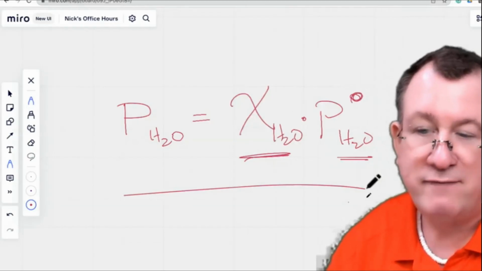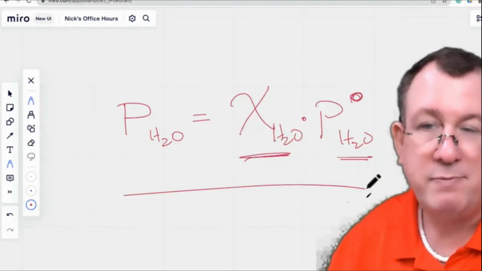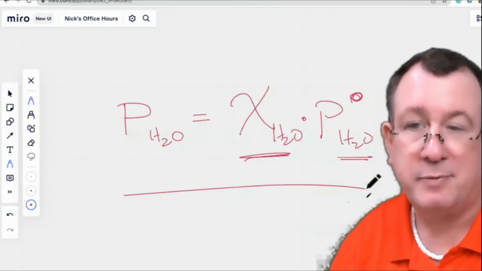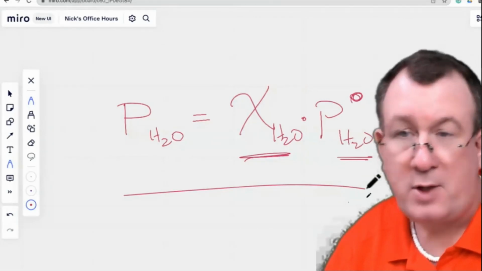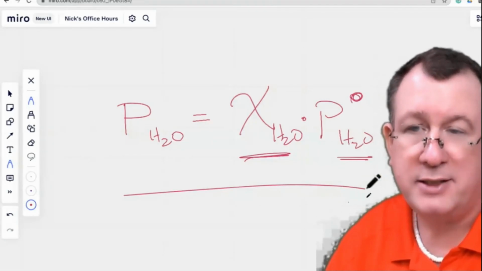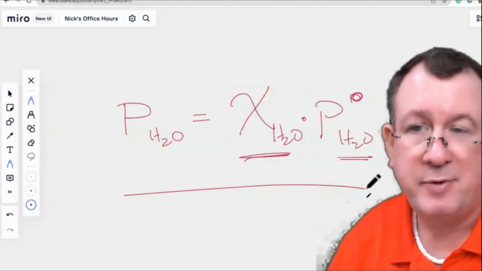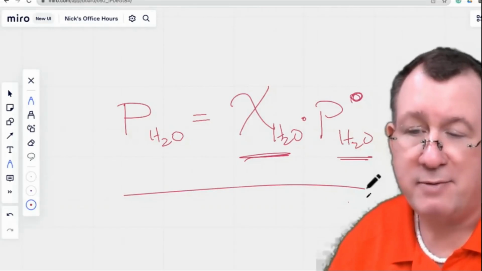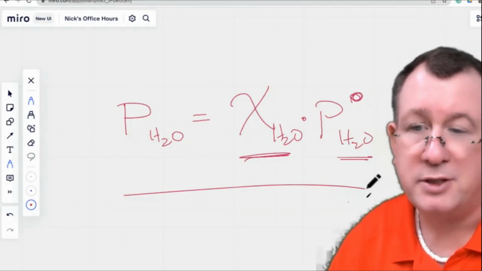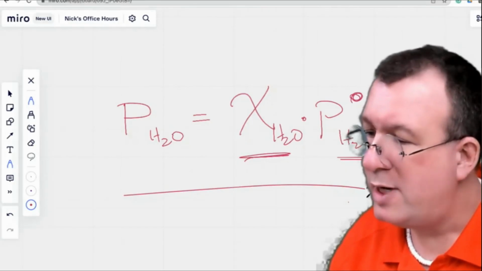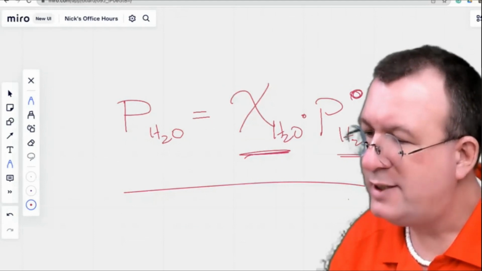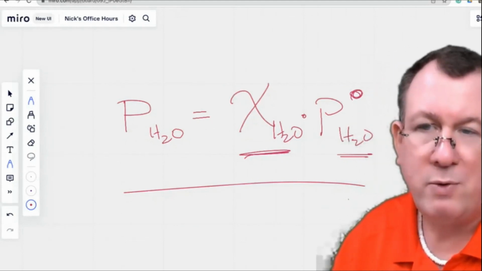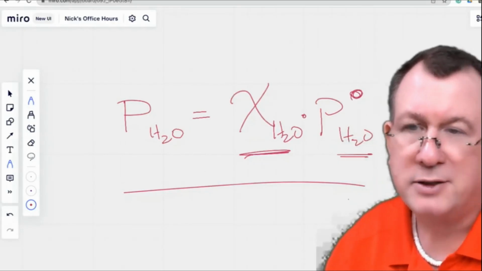So I can get the vapor pressure of any component in a solution, any volatile component, any component that has a vapor pressure. Water could be a solute. I could have benzene dissolved in water, and I could get the vapor pressure of the water and the vapor pressure of the benzene. I just have to find the mole fraction and multiply it by the original vapor pressure. So how do you calculate mole fraction?